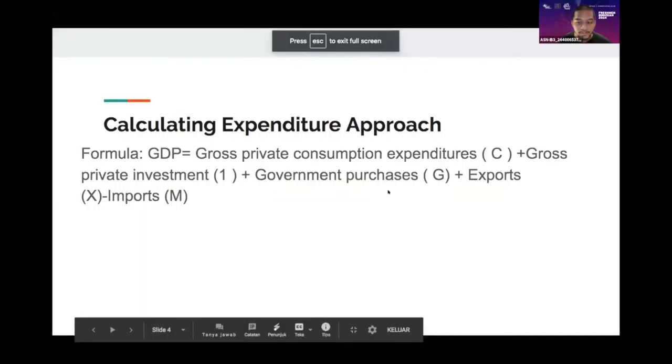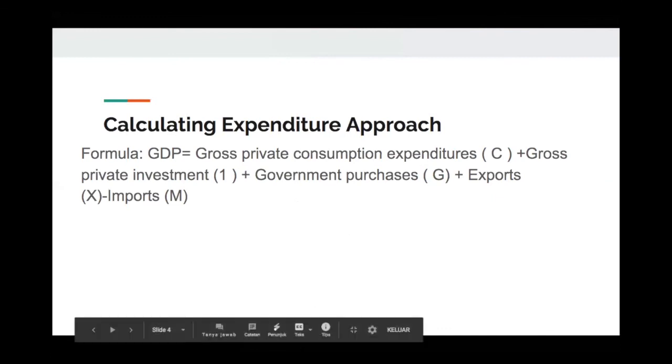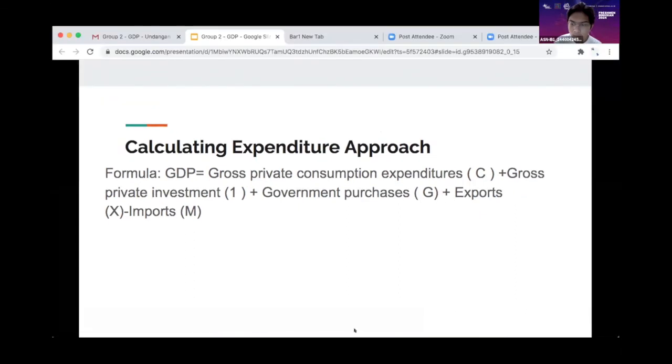I'm not sure what GDP PPP is. PPP is purchasing power parity.